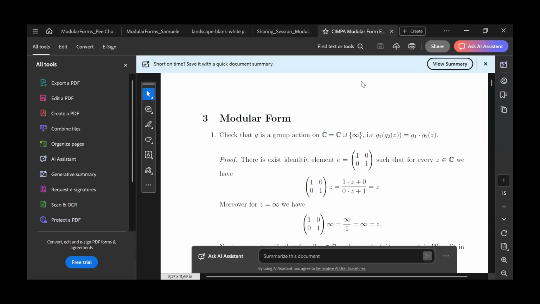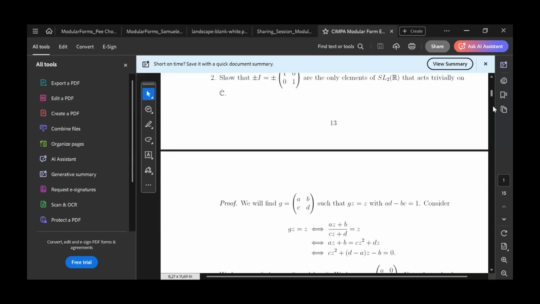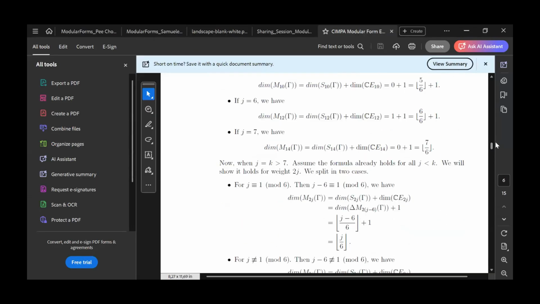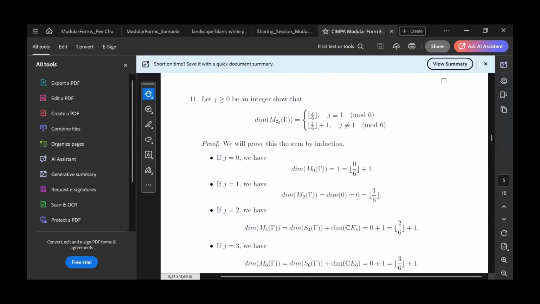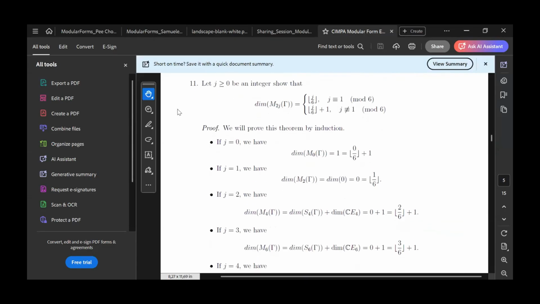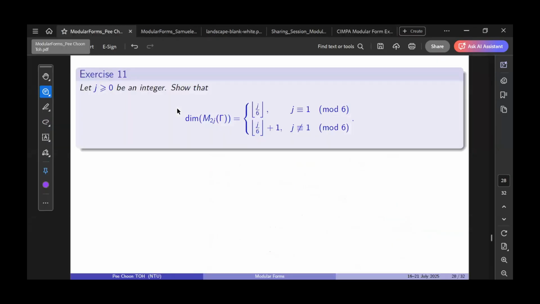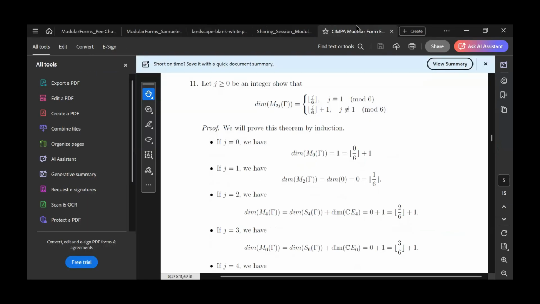To make it easier, this is how we will prove exercise 11. Sorry if I didn't write it down, because it will take a lot of time. So basically, how can we prove this? We will use induction.